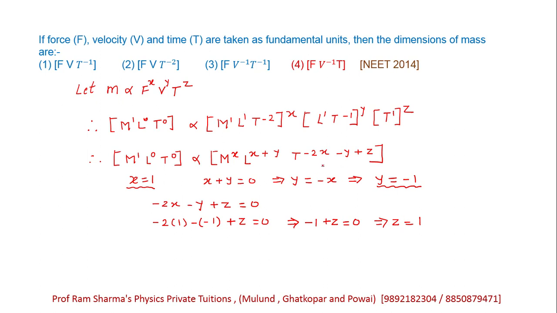We have the power of X as 1, Y as minus 1, and Z as 1. So let's substitute in this equation, which I would like to call equation number 1. So when we substitute in equation 1, we'll get M will be proportional to F to the power 1, V to the power minus 1, and Z is nothing but 1, so T to the power 1. So I think option number 4 correctly represents the given situation. So that should be the answer.